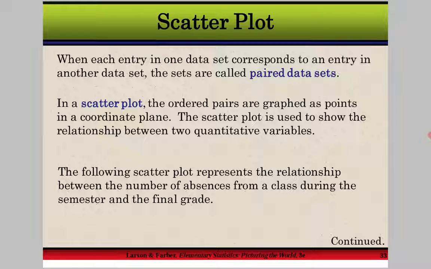The following scatter graph represents the relationship between the number of absences from a class during the semester and the final grade. A scatter plot is mainly used with ordered pairs represented as points in a coordinate plane.